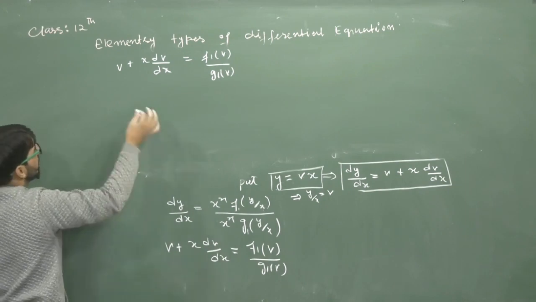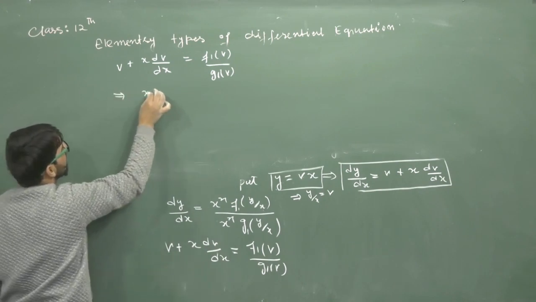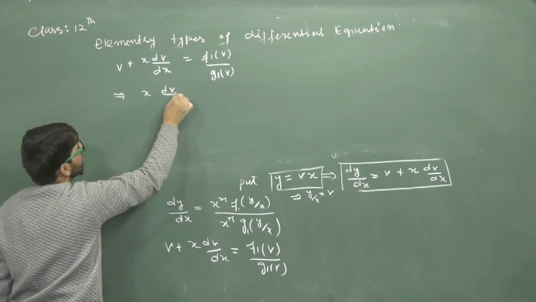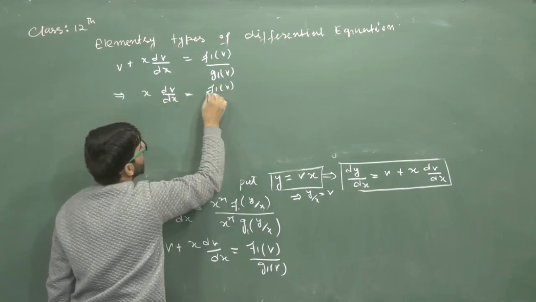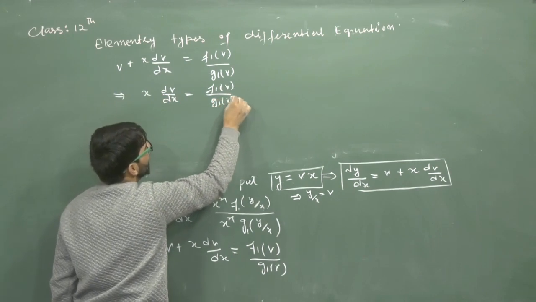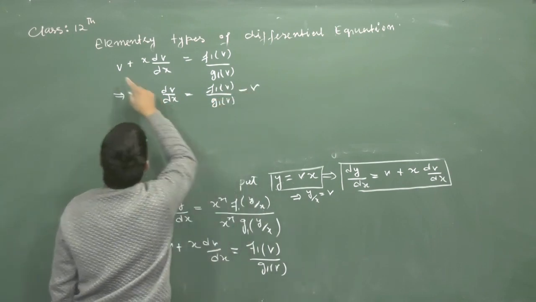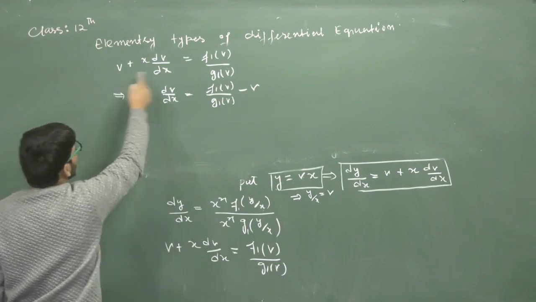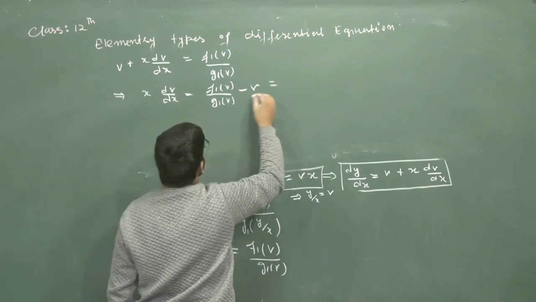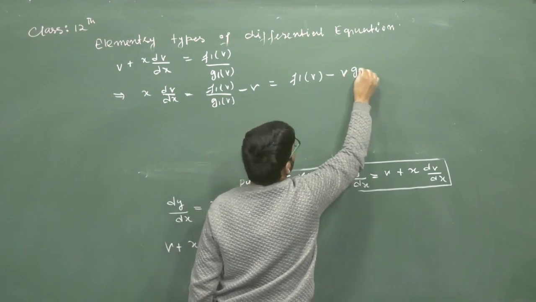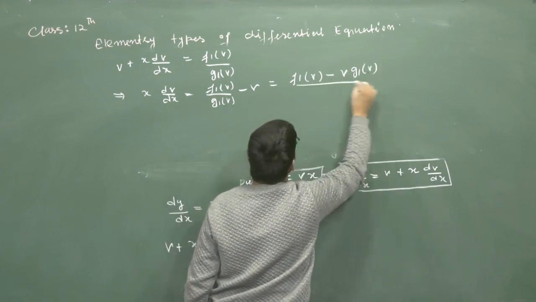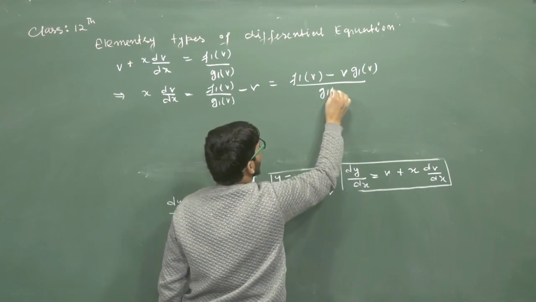So separating variables here, we will get x times dv by dx is equal to f1 of v divided by g1 of v minus v, transposing v here, which is equal to f1 of v minus v times g1 of v divided by g1 of v.